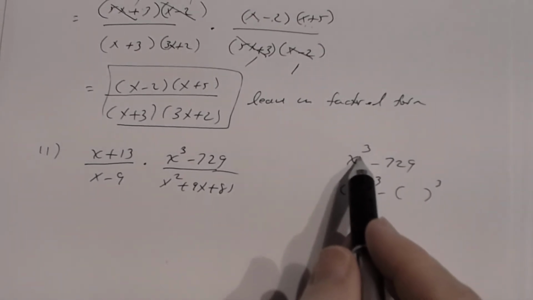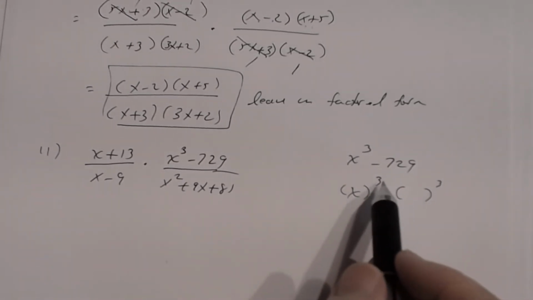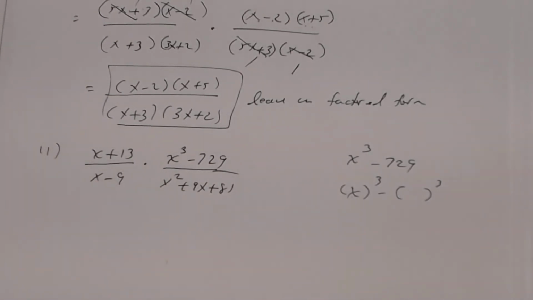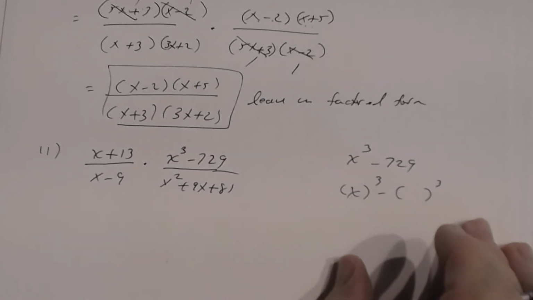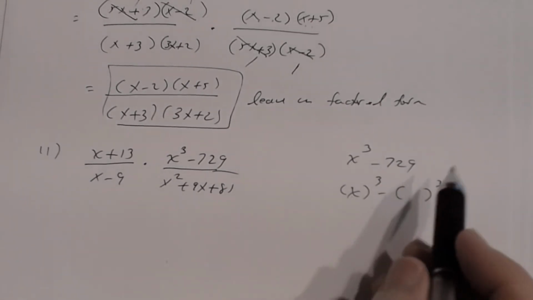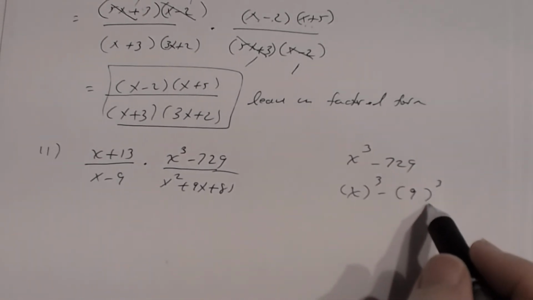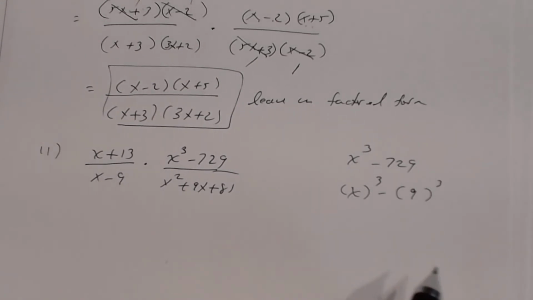So this term here, x cubed, that becomes x to the third power. 729, if you can't figure it out, then just use your calculator. And I can't seem to find my calculator, but it looks like that's going to be 9 cubed. 9 times 9 is 81. 81 times 9. Yep, looks like that's correct.